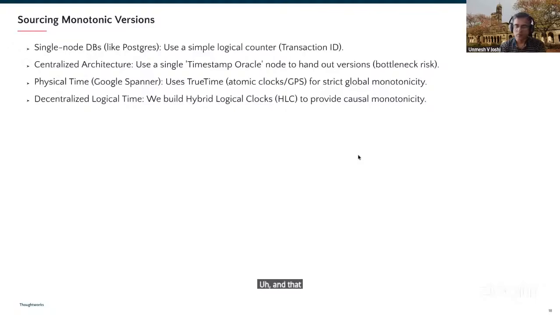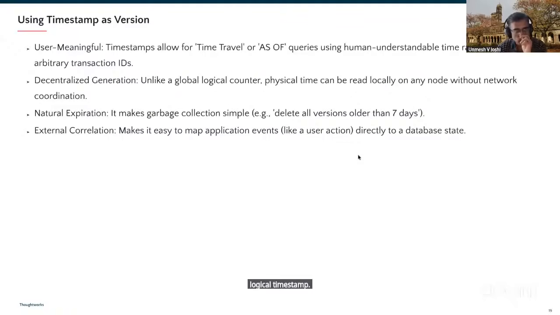And that creates an issue because then you can't use system timestamp as a version. To work around that, people who can't have something like TrueTime use a pattern called hybrid logical clocks, which is a combination of system timestamp with a logical timestamp, and then use that timestamp as a version.